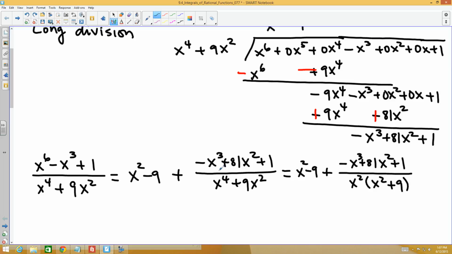We factor the denominator. The common factor is x squared, so we factor out x squared to get x^2 times (x^2 + 9). Realize that x^2 + 9 is no longer factorable.